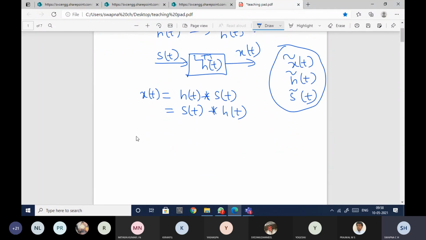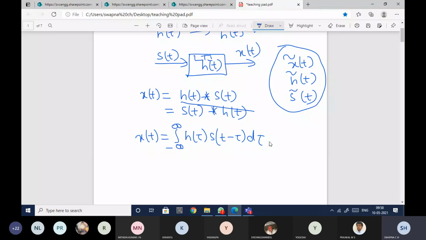Now let us represent the same thing in convolutional integral form. X of t is nothing but integral from minus infinity to plus infinity, H of tau, S of t minus tau d tau. This is an expansion of this convolution by using the convolutional integral.